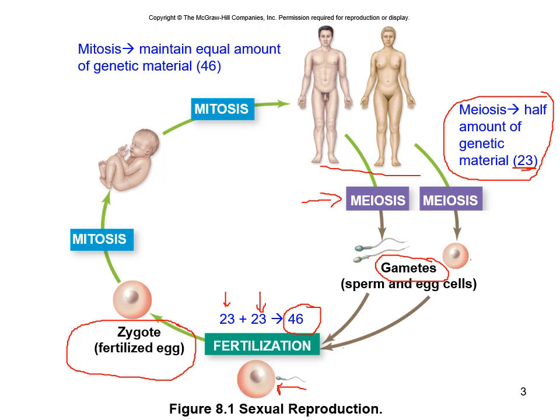Now, to go from a one-celled organism to a multi-celled organism, like this little baby right here, we have to do mitosis, producing cells that are identical in number, so 46 to 46, so that we can start growing our different tissues and organs that all contain our 46.